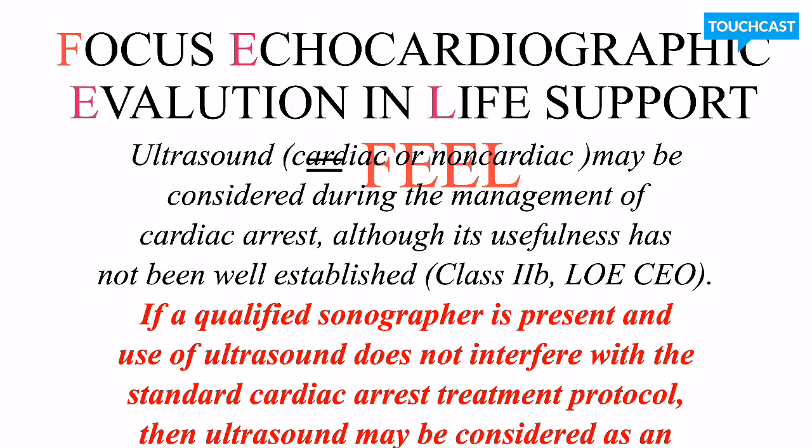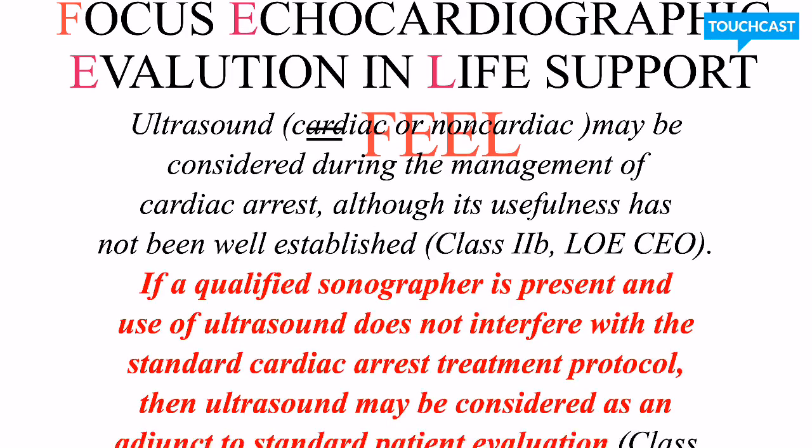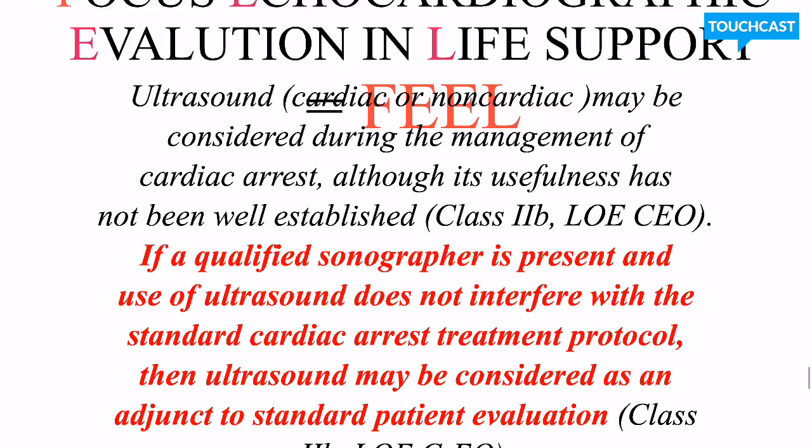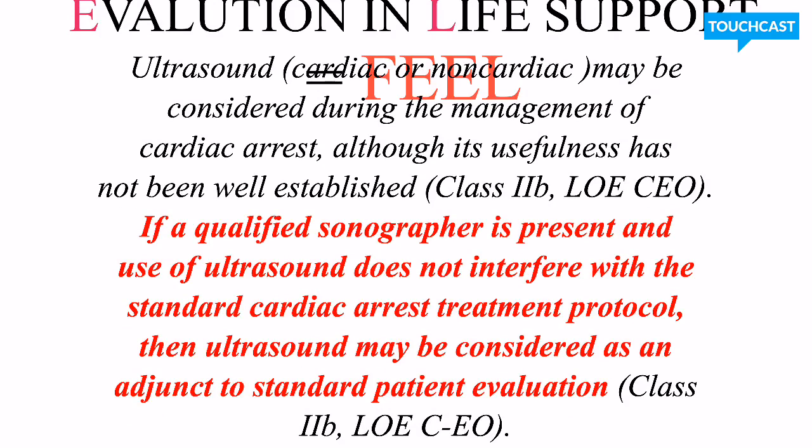They also mention focused echocardiographic evaluation in life support, meaning if there's a qualified sonographer and the use of ultrasound does not interfere with the standard cardiac arrest treatment protocol, then ultrasound may be considered as an adjunct to standard patient evaluation.